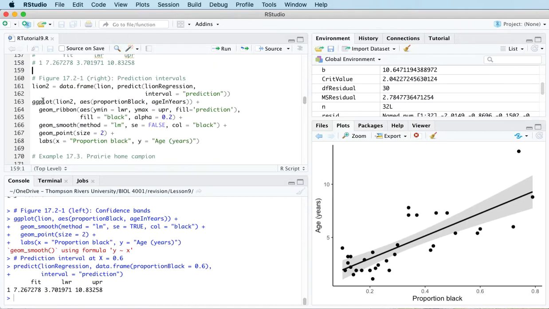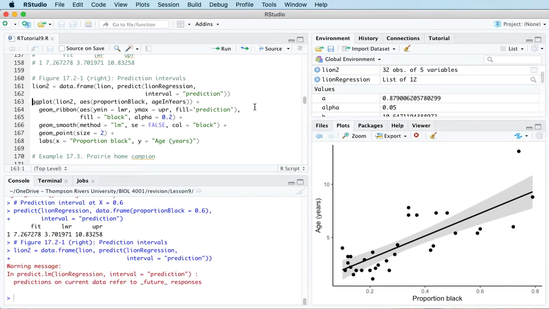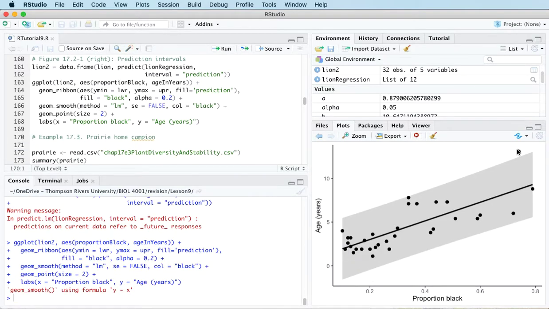And if I put it on the graph, so this one is the confidence band, and then now if I run this graph, what did I do? Oh, I had to do this in 2 steps. There we go. We get a much wider band, and that's because, as I say, it's much harder to predict an individual y value than it is to estimate a mean for a whole subset.